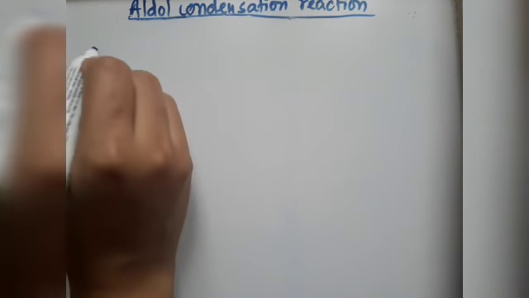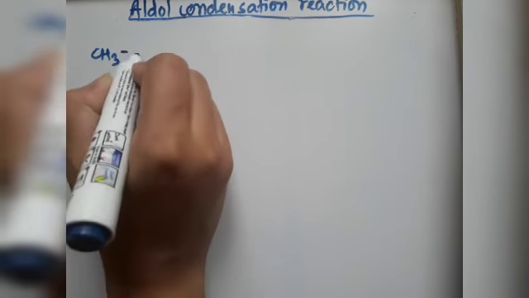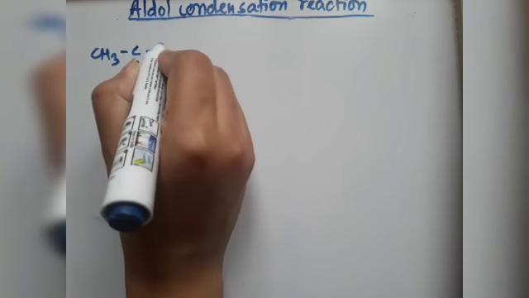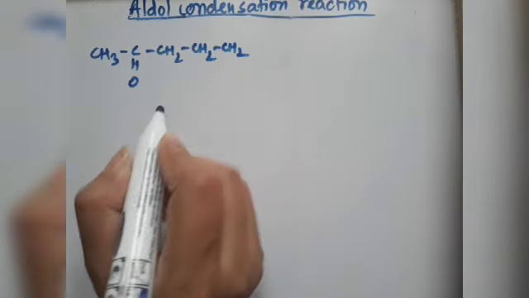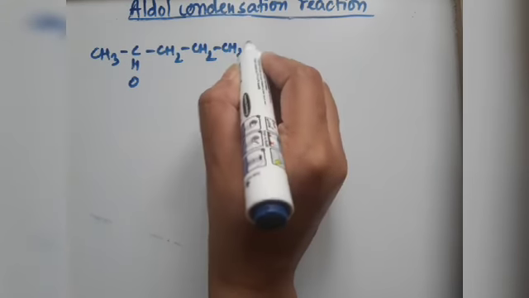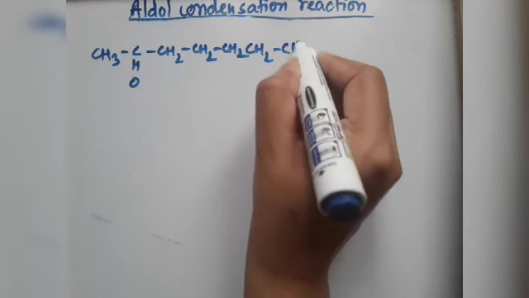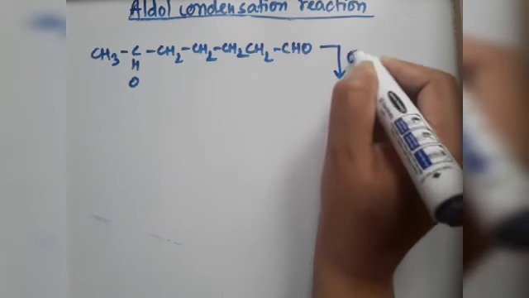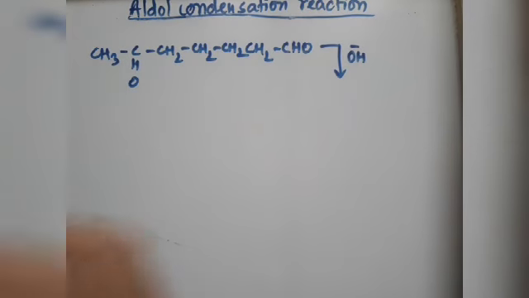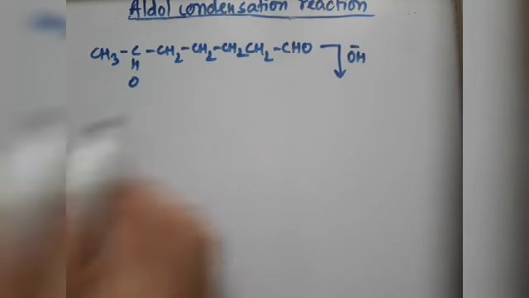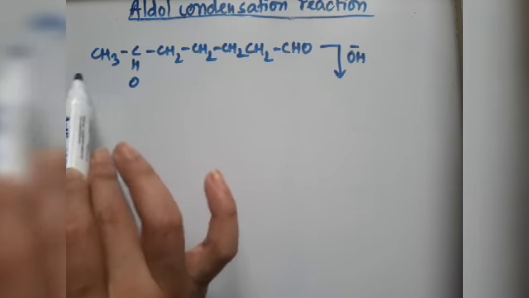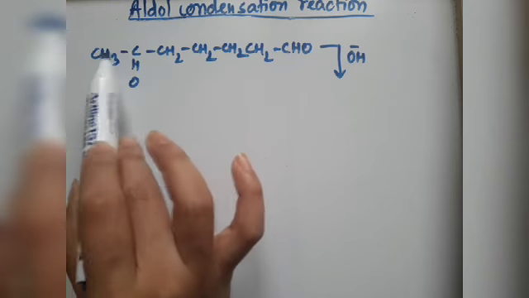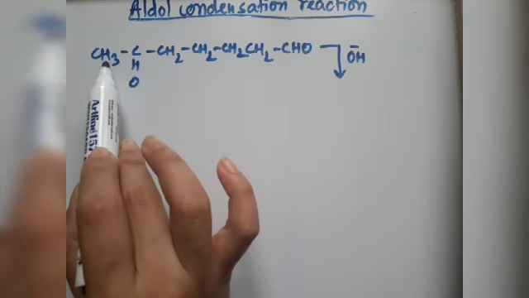Now suppose another example, CH3COCH2CH2CH2CH2CHO, and we are treating it with dilute alkali. As in the previous example, this hydrogen is more acidic, so carbanion will be formed from this one preferentially.